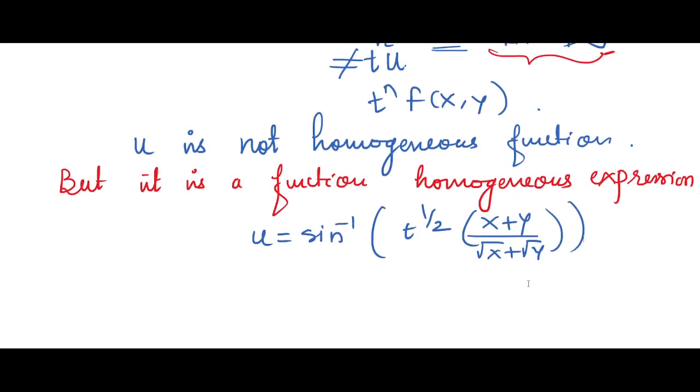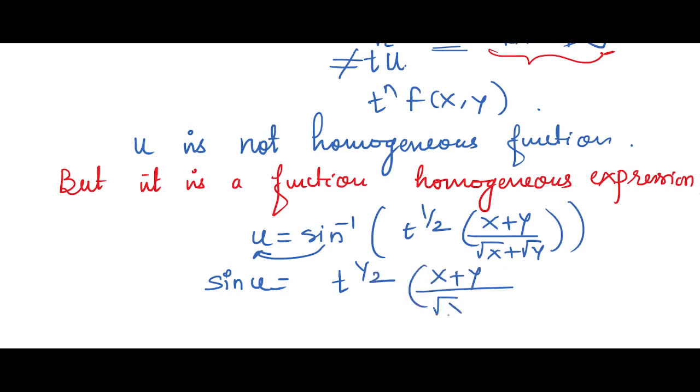This we can write as sin u is equal to, so the sine inverse term we have shifted to this side, sin u is equal to t to the power 1 by 2 times (x plus y) upon (root x plus root y). So this expression is homogeneous with degree 1 by 2.